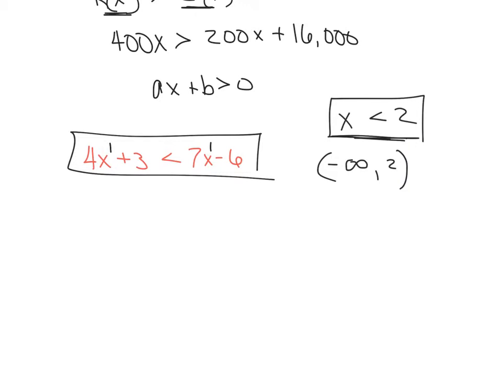And remember, the little curved parenthesis means that it does not include the number next to it. So it does not include 2. If this were a less than or equal to sign, then this would be a squared off bracket, meaning that it does include 2 in your answer. So interval notation and inequality.